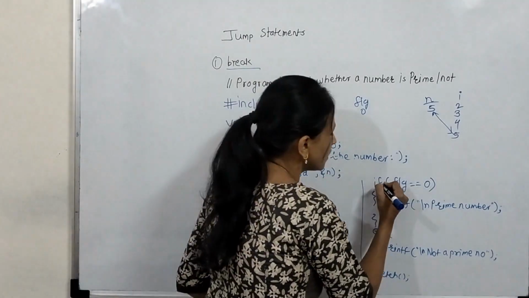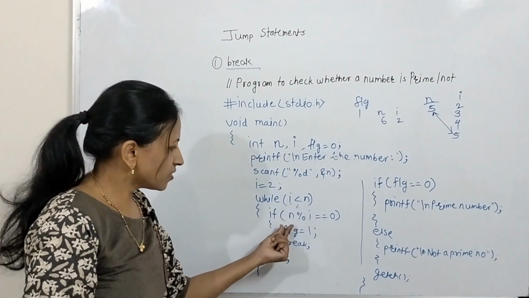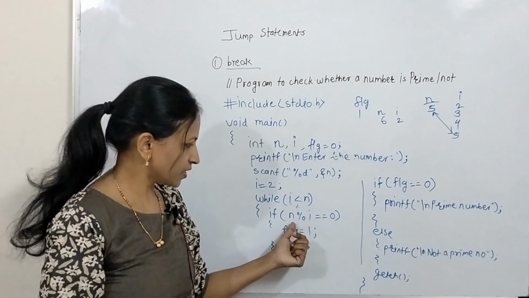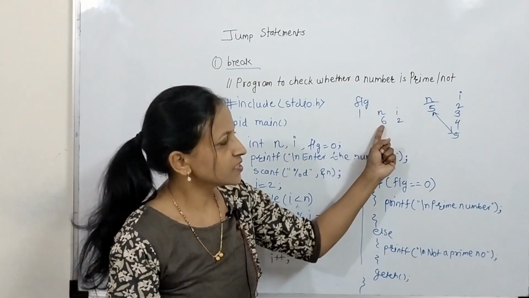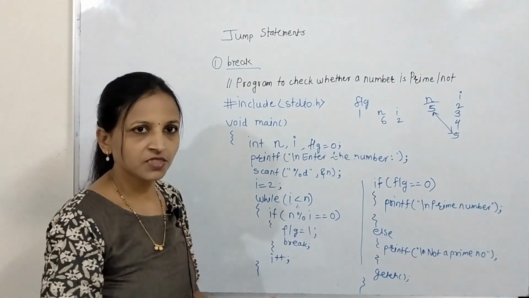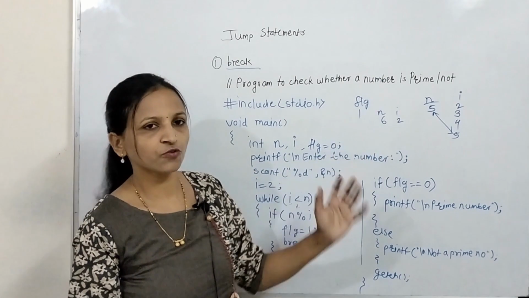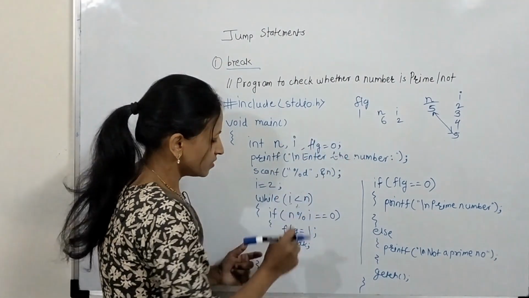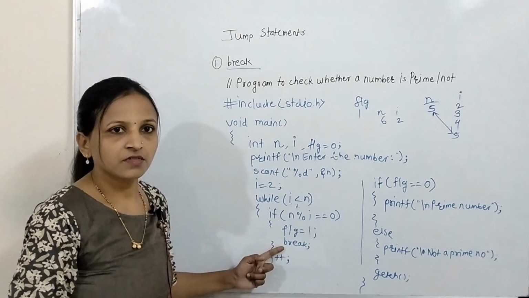Now see in this case, here the value of n is 6 and I is initially 2. n modulus I means 6 modulus 2 is equal to 0. Yes, it is true. 6 is divisible by 2. After dividing 6 by 2, we will get remainder 0. That's why flag will remain 1 and break.